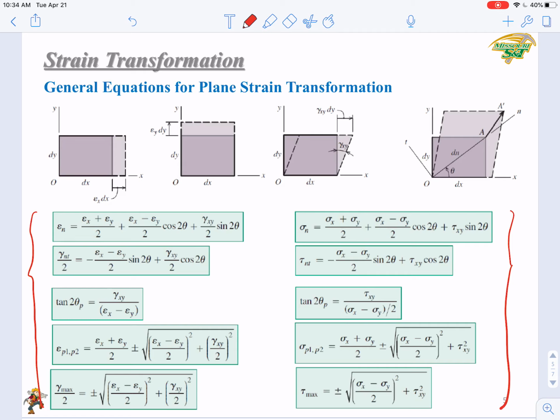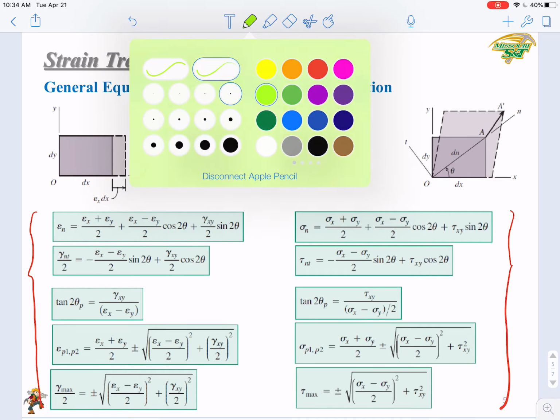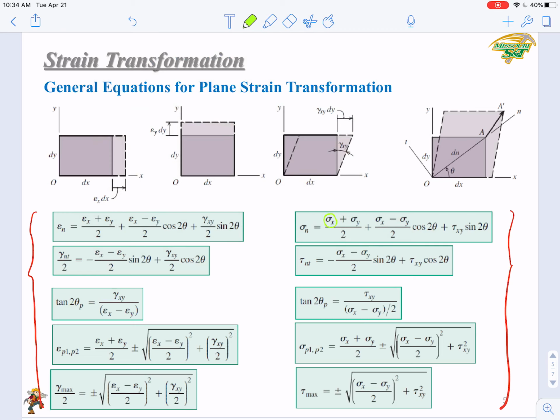You can see that if you find a sigma x in the stress equations, you will be able to find an epsilon x in the strain equations.